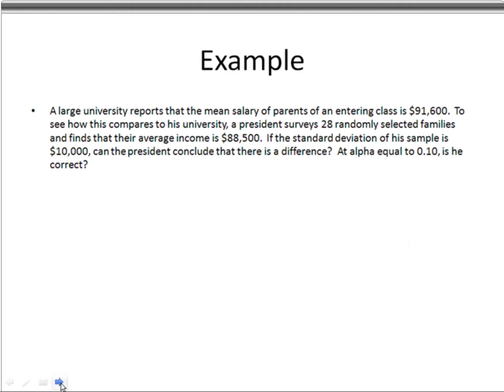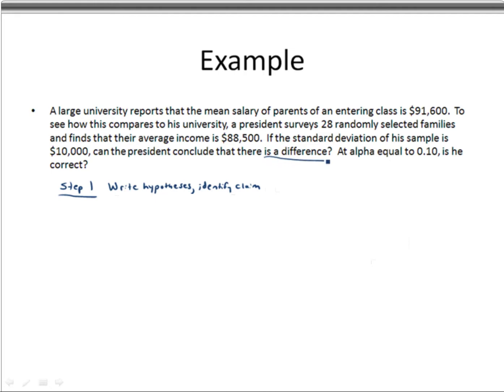And so let's begin by looking for a keyword that will help us to determine the hypotheses. The question asks us, can the president conclude that there is a difference?